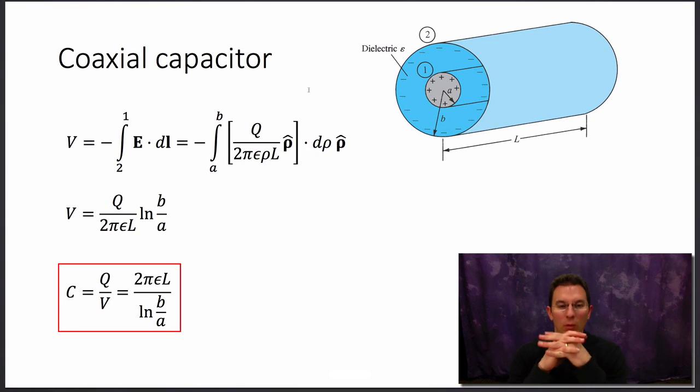Now that we have an expression for the electric field, we can figure out the potential difference between A and B using the line integral of the electric field.